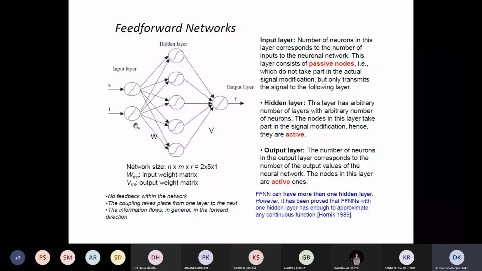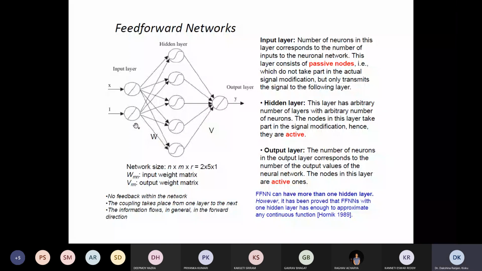The features are nothing but the signals, so the neurons in the input layer transmit the feature to the next layer. Here signal modification is not performed.